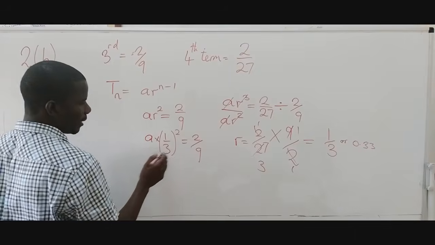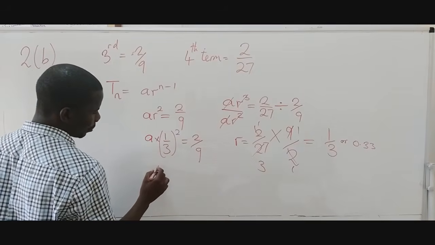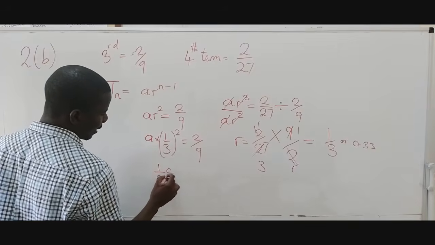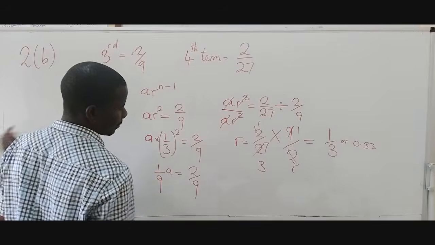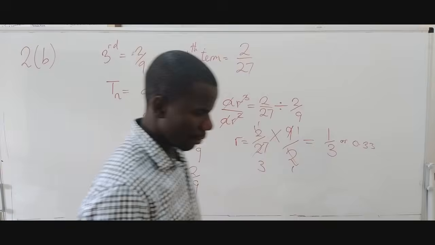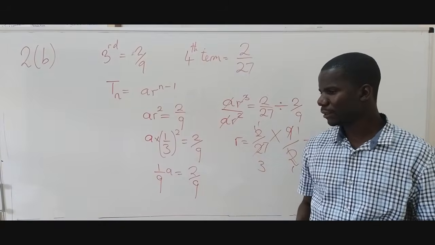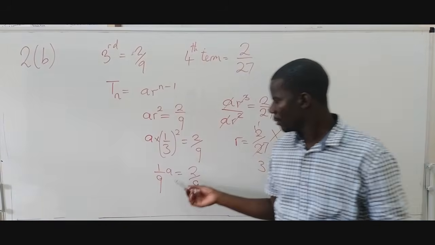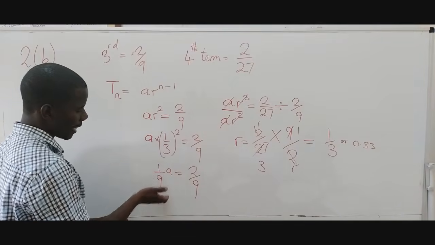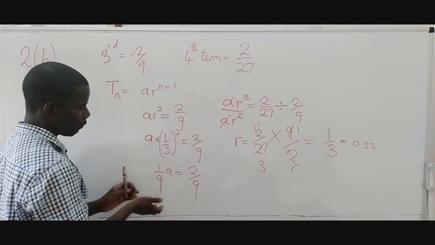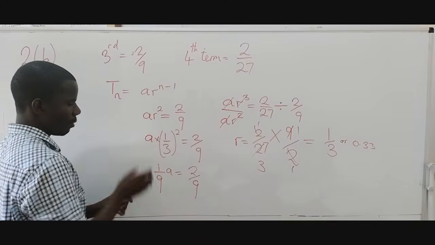When you expand this, 1 over 3 squared gives 1 over 9, so a over 9 is equal to 2 over 9. Now we need to get the reciprocal. What is the multiplicative inverse of 1 over 9? It is 9 over 1.